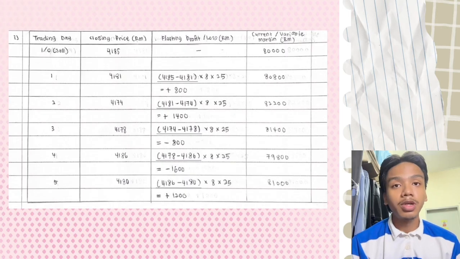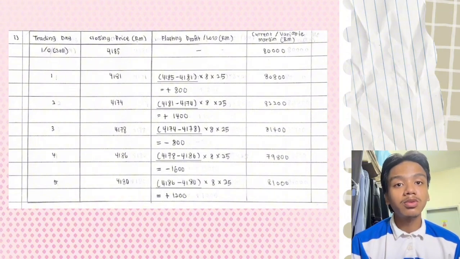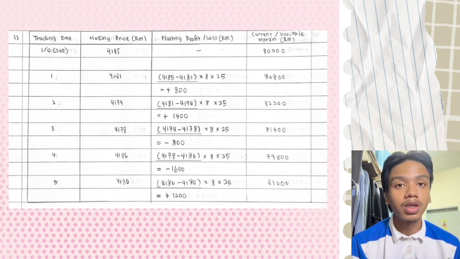On day 2, the price dropped further to 4,174, another 7-point drop, and the profit is plus 1,400 ringgit. This pushes his margin balance up to 82,200 ringgit.